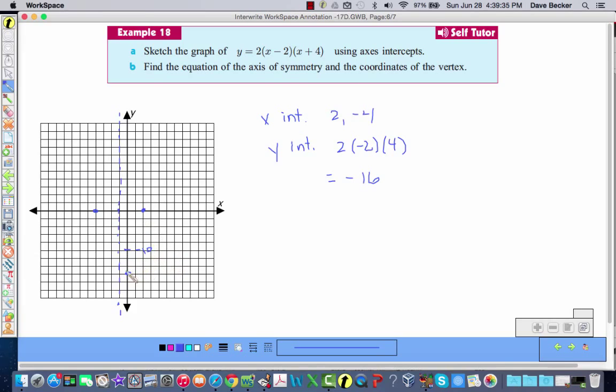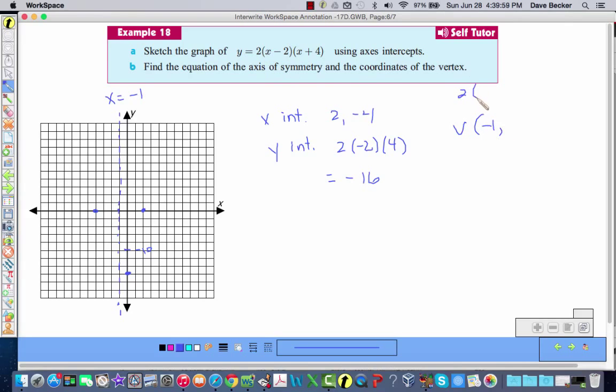We know this opens upwards, and my parabola is going to have its vertex on it. So I know the equation of the axis of symmetry is x equals -1. So that means my vertex is at -1, and I just replace it here.